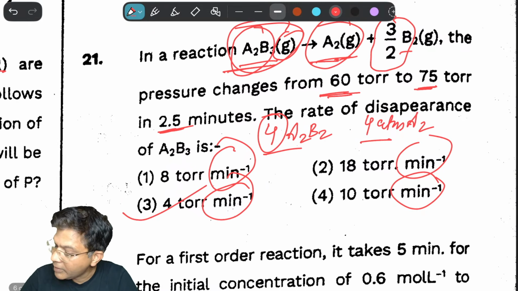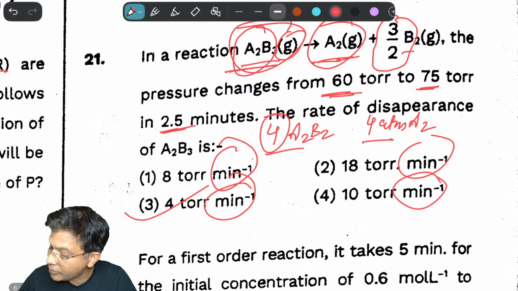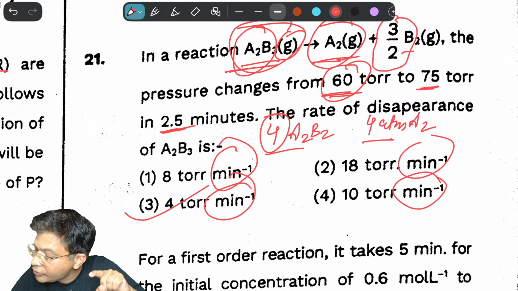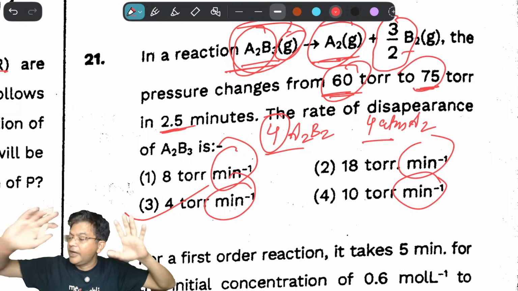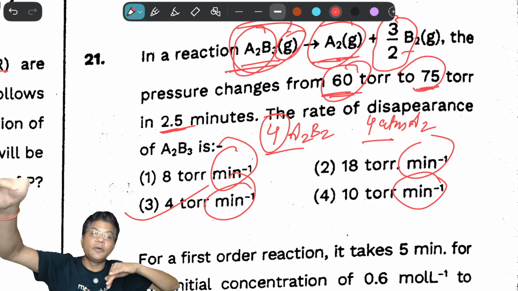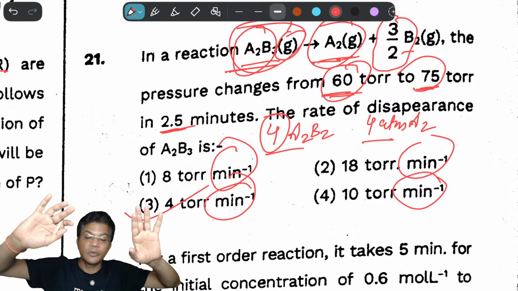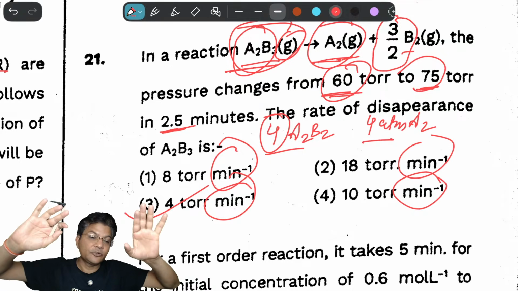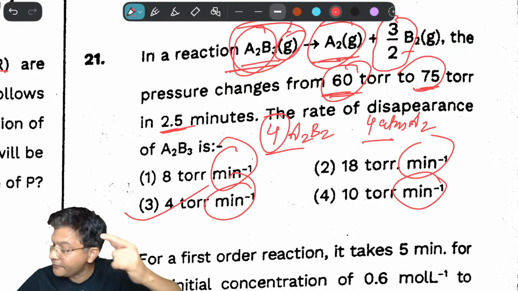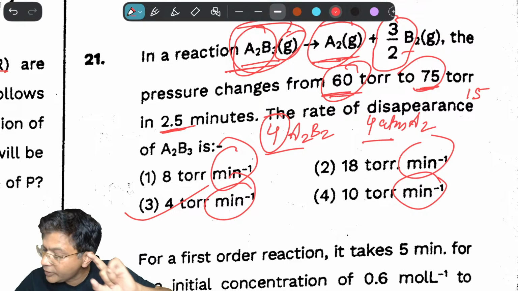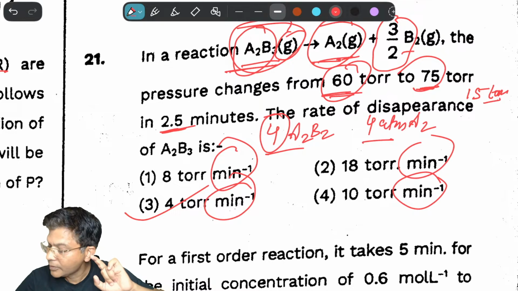Now, but they are saying no. They are saying, see, 60 to 75. It was 60, now it has become 75. How much did it increase? I'm explaining. It increased by 15 torr. 15 torr in what time?